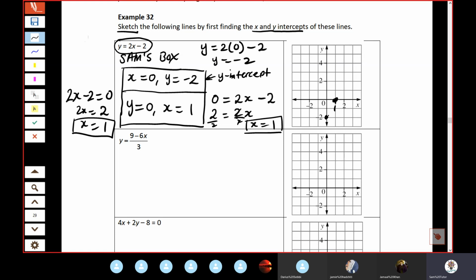Y is negative 2, which means right there. The next one: x is 1, y is 0. X is 1, right there. Y is 0, right there. Then all you've got to do when you've got these 2 points is draw a straight line through those 2 points only. And that's you graphing the line straight away.